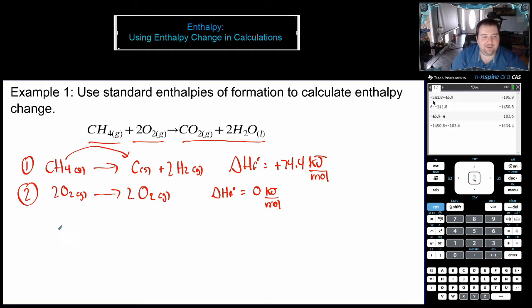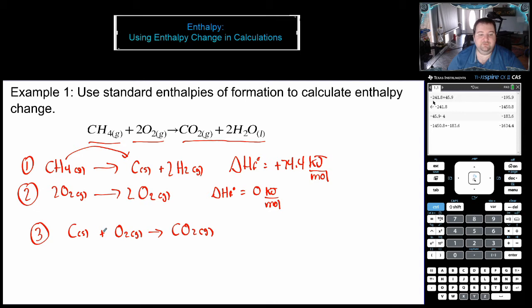Well, I can say quite strongly that the carbon is going to be needed and the O2 is going to be needed, and this is likely going to form my CO2. What did I just write? This is the heat of formation equation, isn't it? Right? CO2 and its standard states.